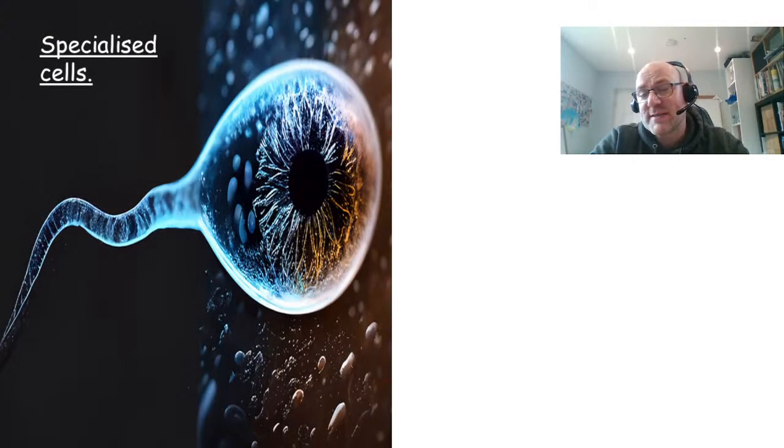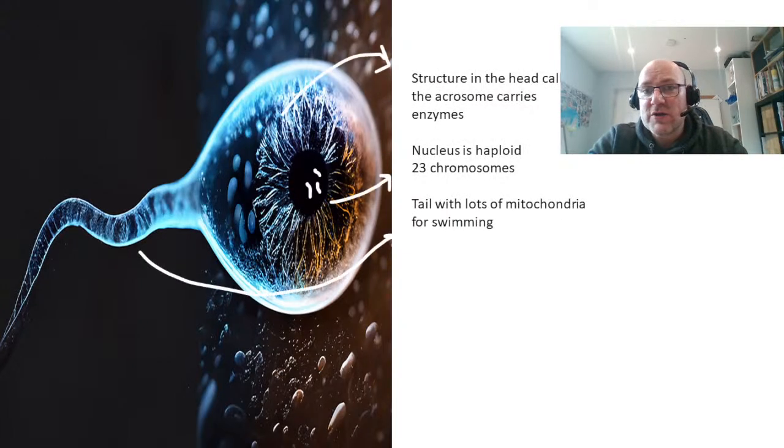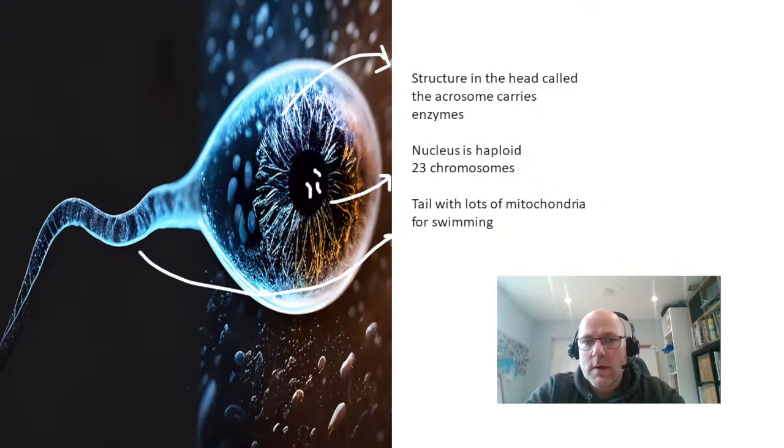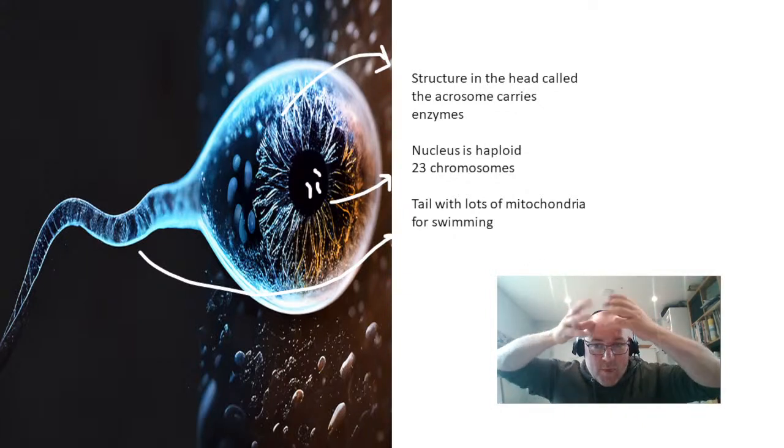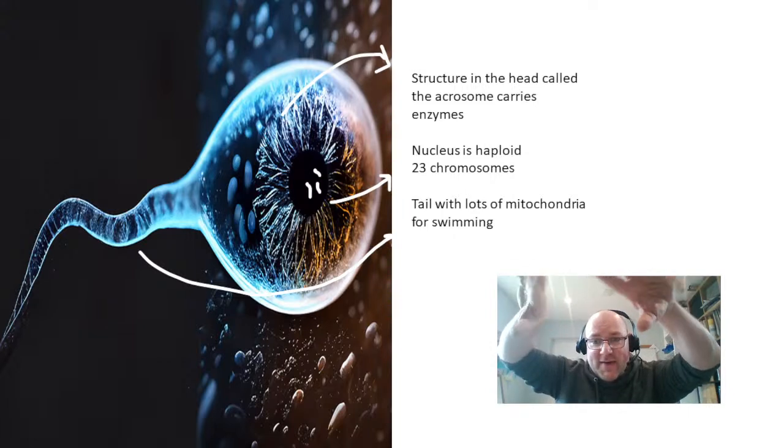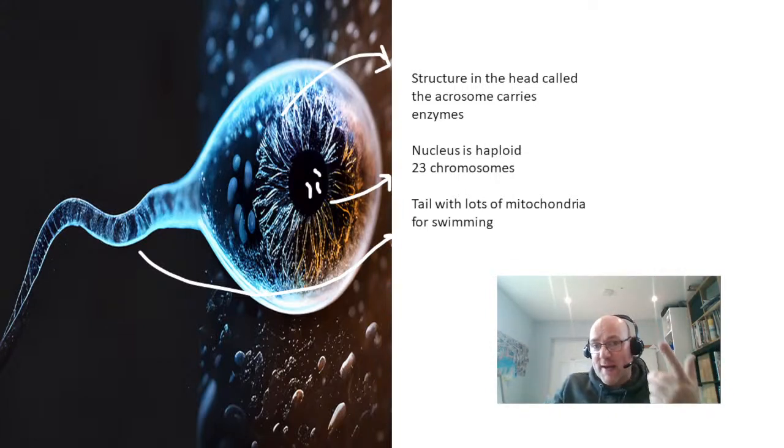All right, specialised cells. One you've got to know across all exam boards. It's the sperm cell, guys. So you need to know the head contains enzymes in a structure called the acrosome. It kind of headbutts the egg. In fertilization, when the sperm and egg meet inside the fallopian tubes, the sperm headbutts the egg, opens its head and releases digestive enzymes like protease, amylase, lipase.